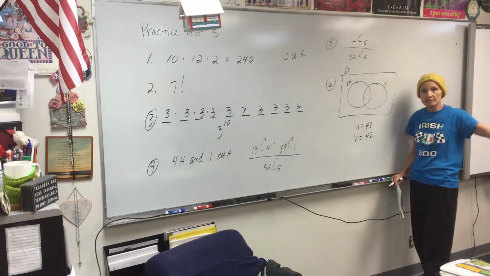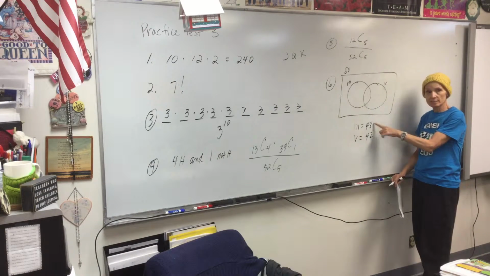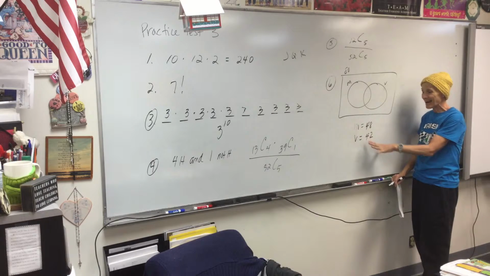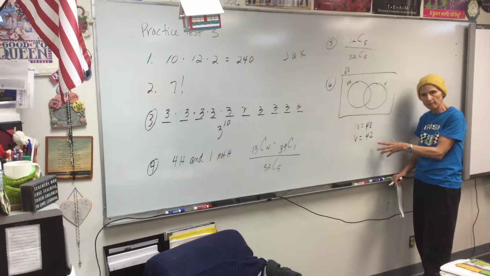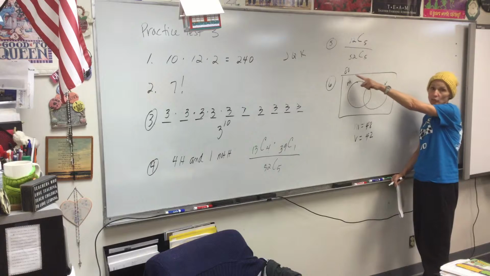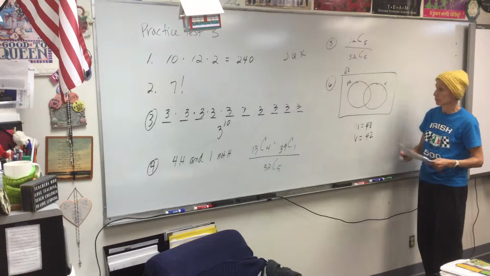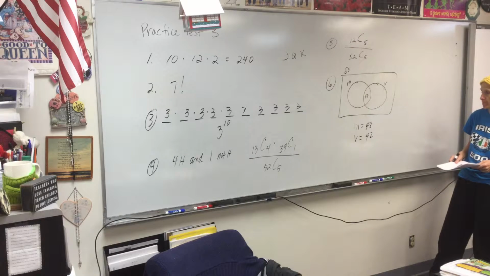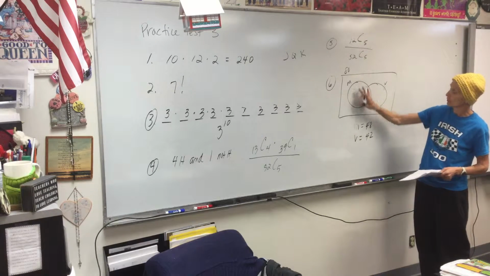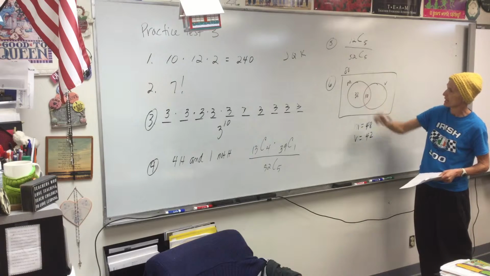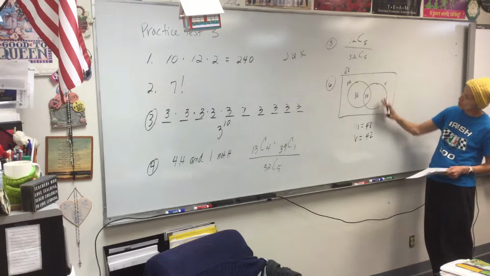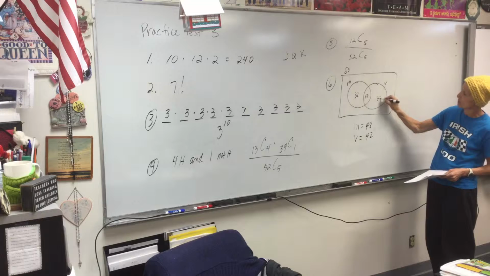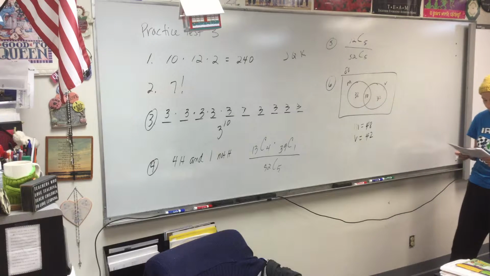So I asked these kids, who likes matrices, who likes vectors? 90 kids responded. That means, since there's only 80, 10 of them responded twice. They like both. So since there were 48 total in the M ball, that leaves me with 38. Since there were 42 total in the V ball, that leaves me with 32.